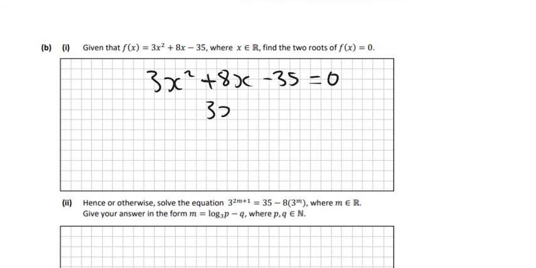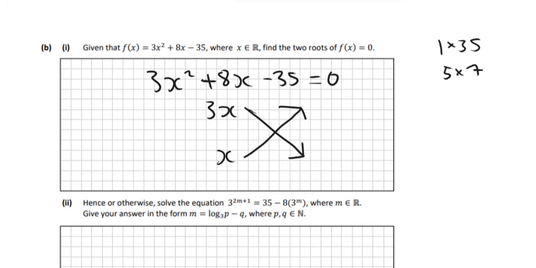This is the way I do it usually. So we're trying to find factors for minus 35. You could have 1 times 35, the obvious one is 5 times 7. I don't think there's really any other factors. 2, 3, 4, they don't divide in. So it has to be one of those two.